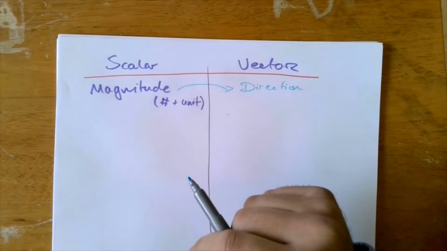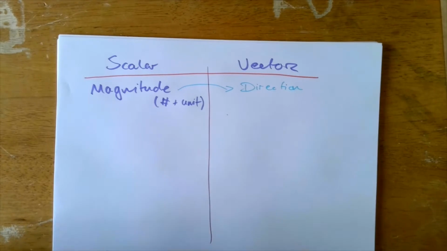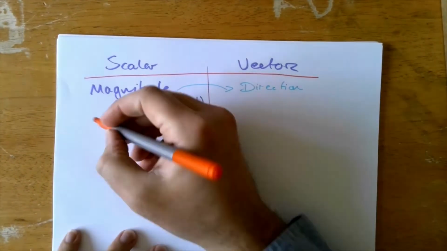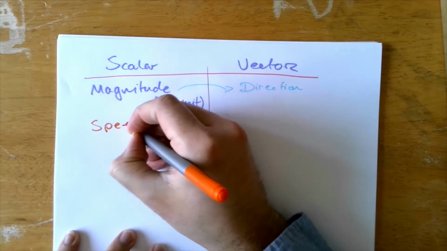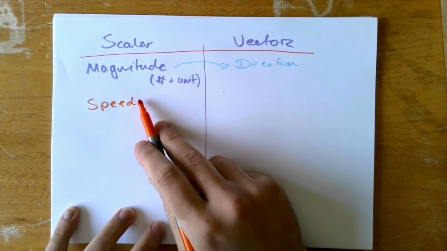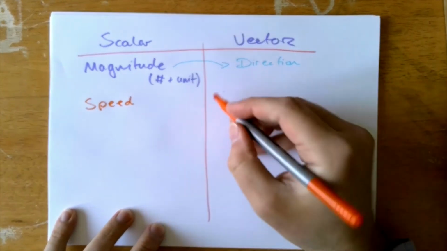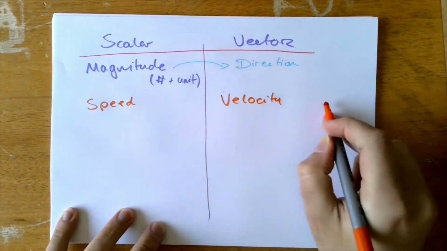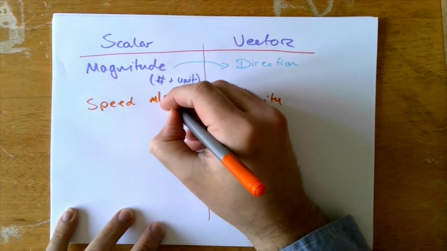And there are what we call counterparts as well. So I can think about some scalar measurements that will match up with vector measurements. We think about the word speed. We talk about high speed chases and going whatever speed you like on your bike. Its counterpart is velocity. So velocity is a speed plus a direction. Units of speed, meters per second.